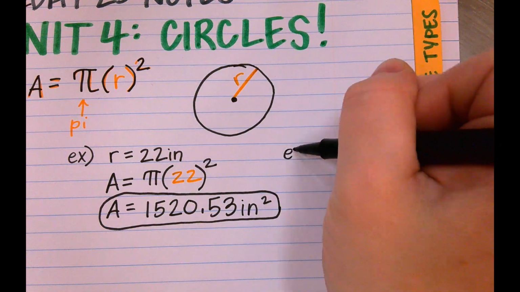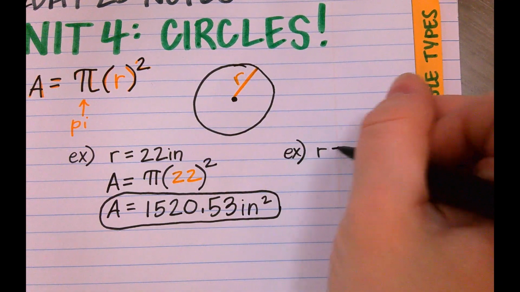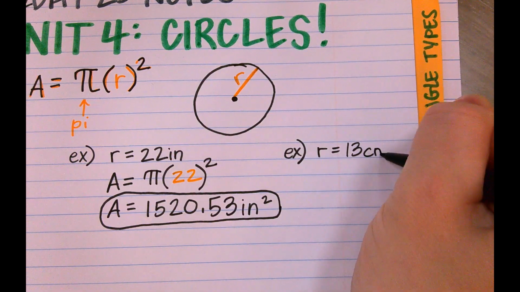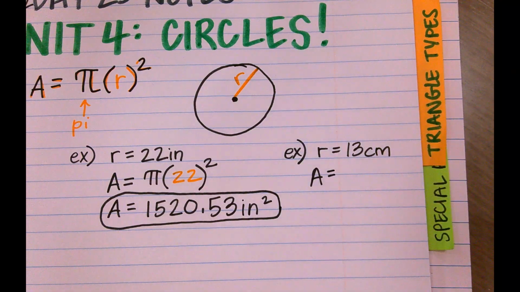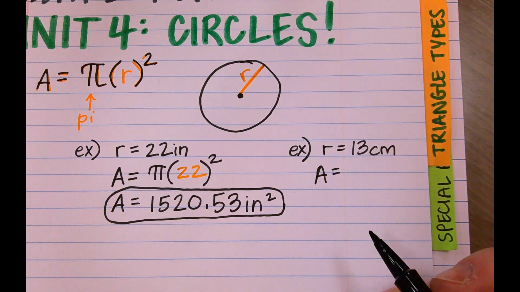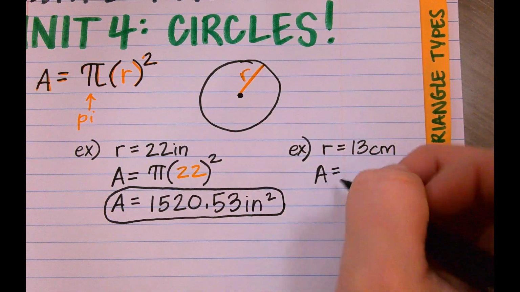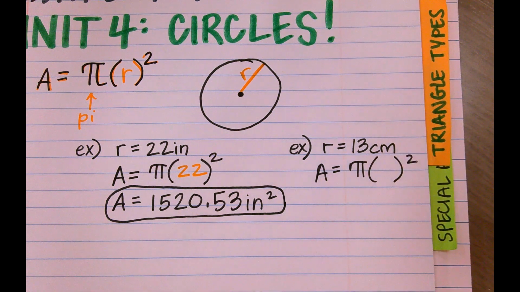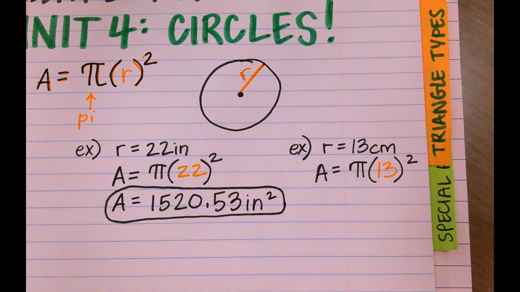Try another one. What if I have a circle with a radius of 13 centimeters? How would I find the area? Pi times 13 squared? Yes, pi times 13 squared. We're just going to replace radius with 13.